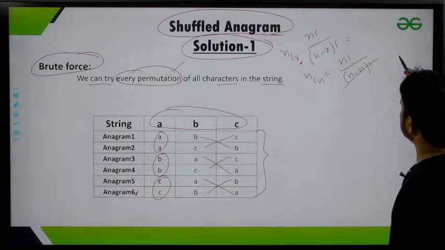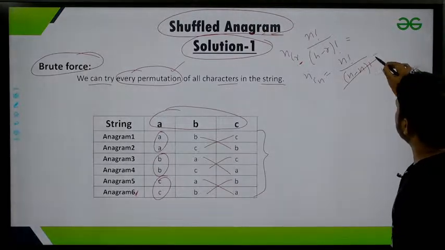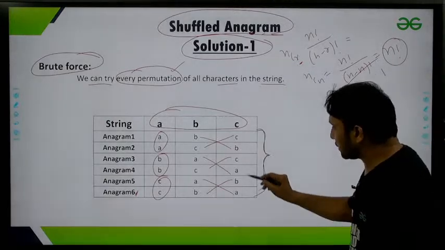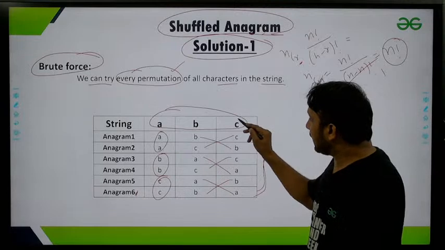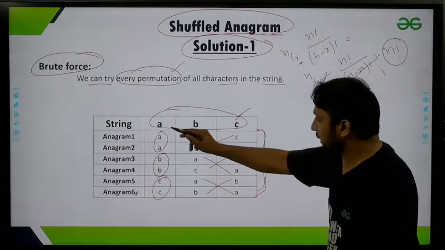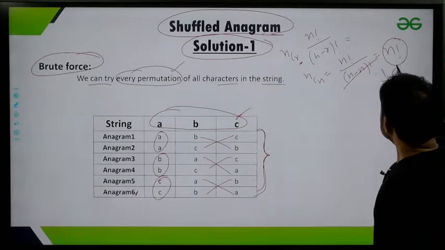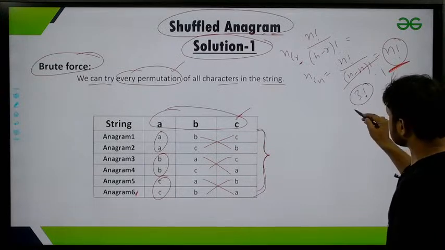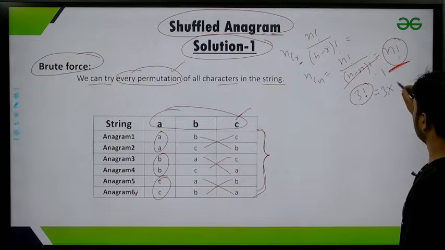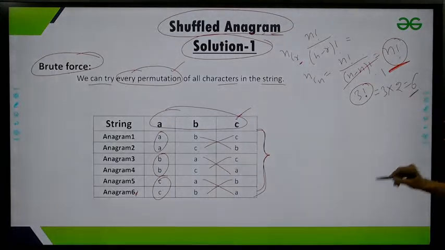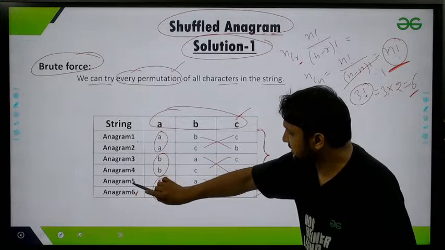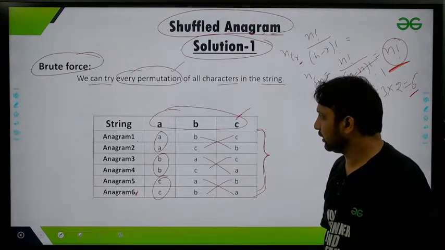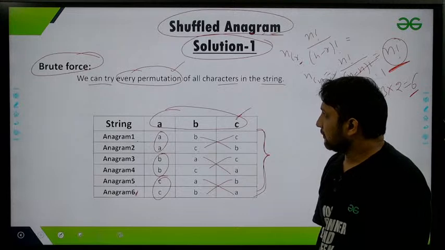This will be 0 factorial, which is 1, and what I get is n factorial. So this many permutations I can make out of a string. Here the length of the string is 3, so I can make 3 factorial combinations, that is 3 into 2 into 1, 6 combinations. Yes, 6 strings, 6 anagrams I can generate.